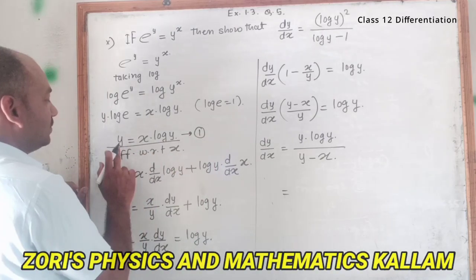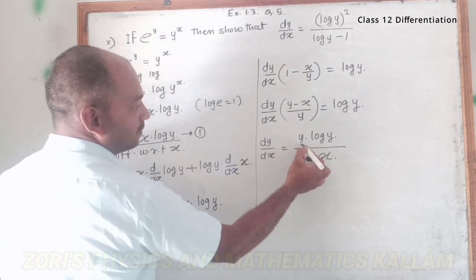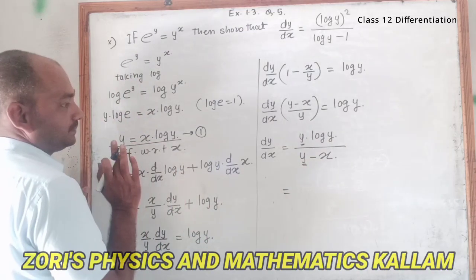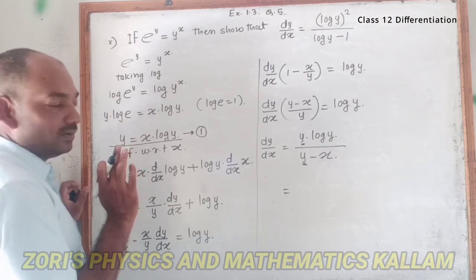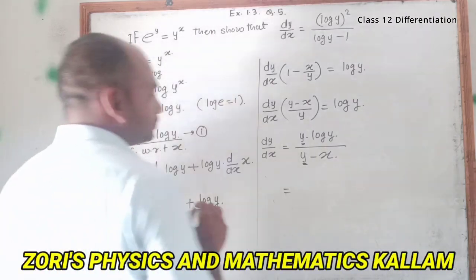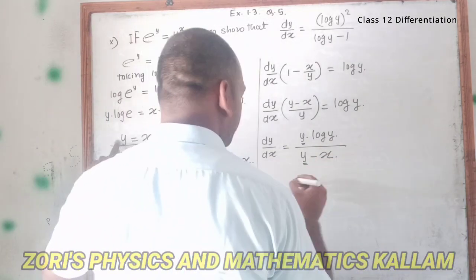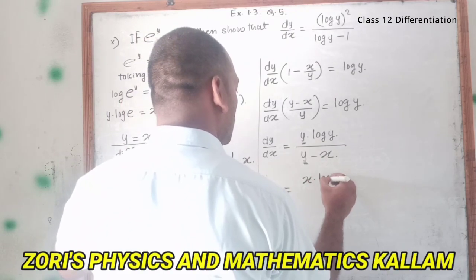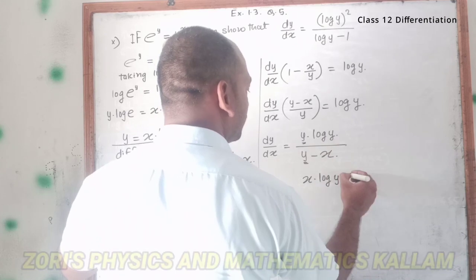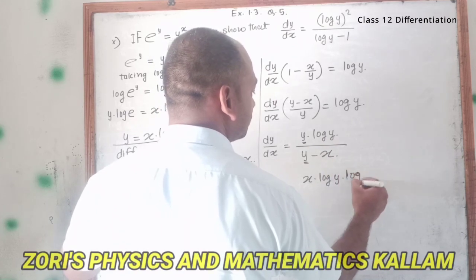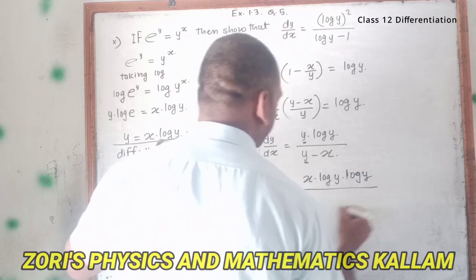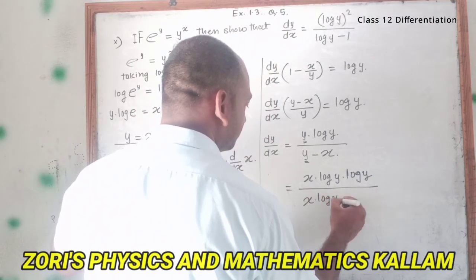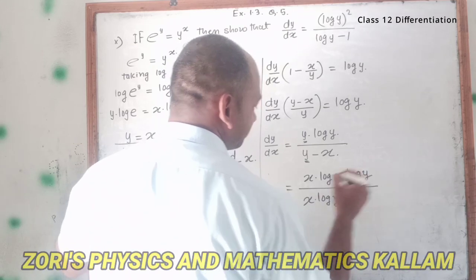From equation 1, we substitute in place of y the value x into log y. So we get x into log y into log y divided by x into log y minus x.